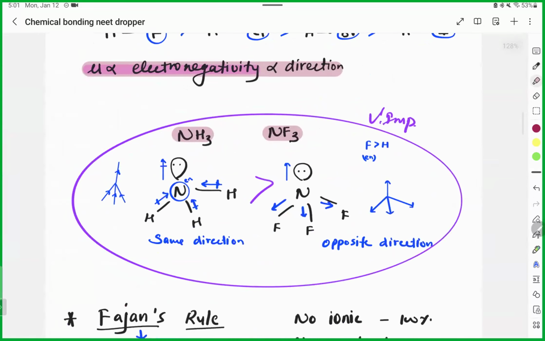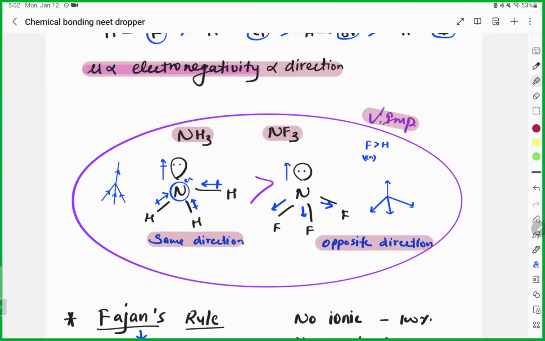Yes. So understood what I was trying to convey through this statement. That's why it is written extremely important. Because in case of ammonia, all are moving in the same direction, so overall dipole moment is increasing. But in NF3, both are present in opposite direction, so they will cancel out each other, not 100%, but it will decrease.